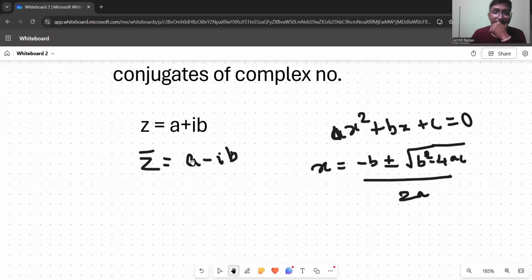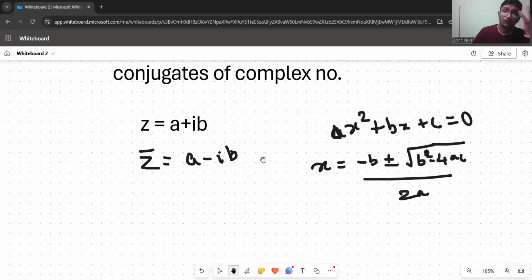Okay, fine. So what would be the real part and the imaginary part of a complex number? So far, you may have got confused that the imaginary part is actually iota b, but no, the real part is a. Sorry, I got confused, my mistake.